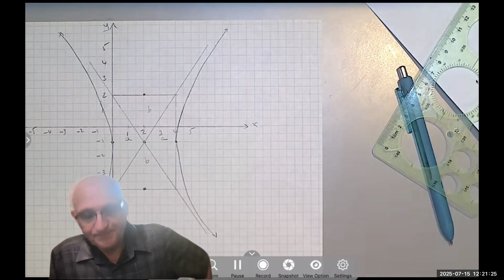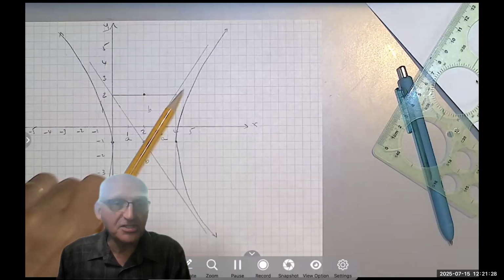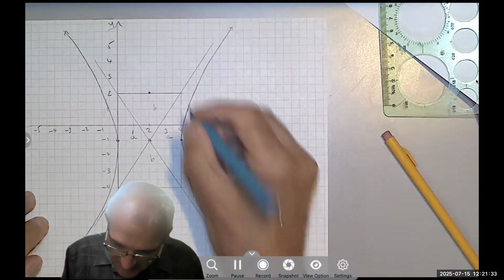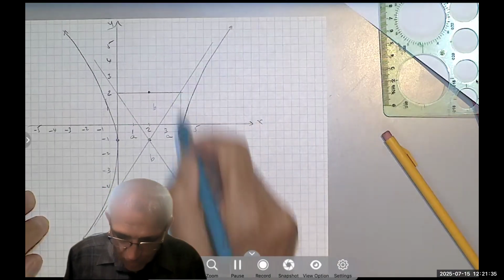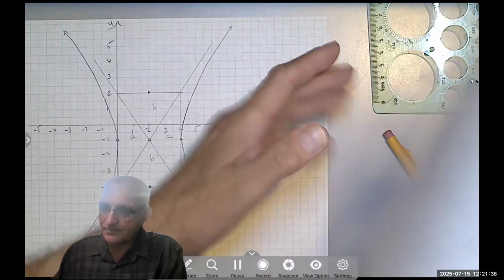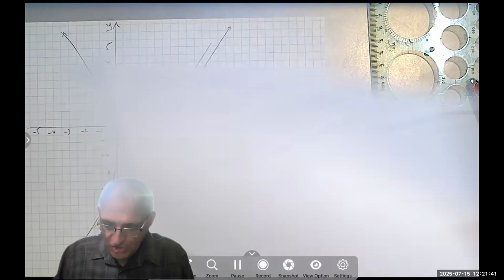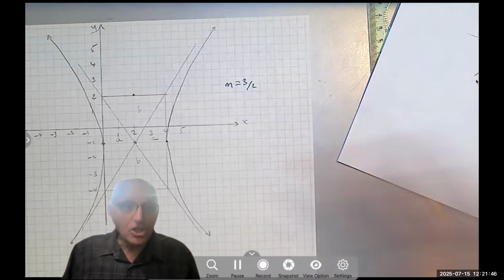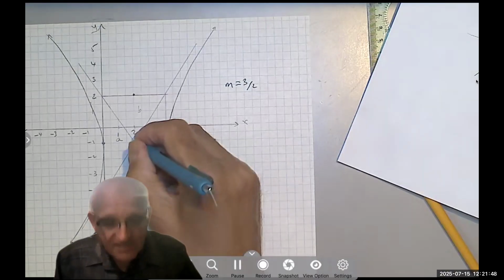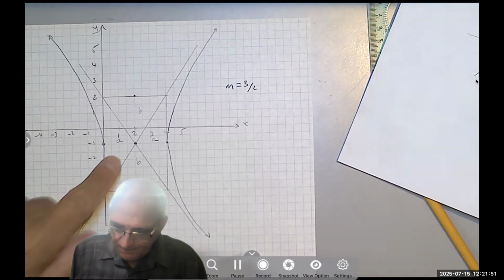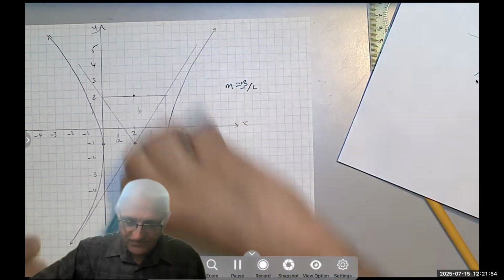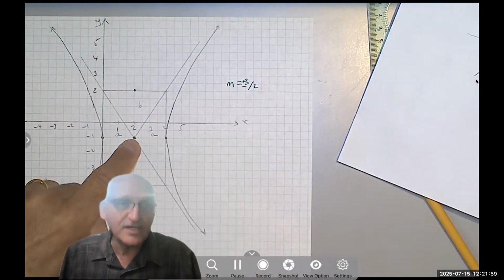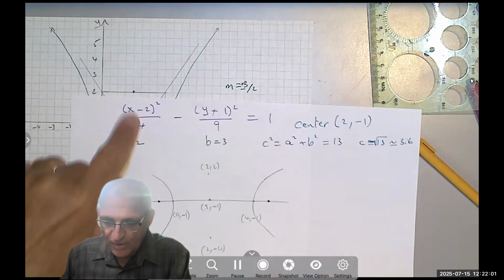So I use this box just to show me how, and sometimes they ask you to find the equation of these. First of all, we know the slope in this case is y over x, so it's b over a, or it's 3/2. So m is 3/2. Also, you know that the center is a point on both, basically plus or minus 3/2, because if this is 3/2, that's a negative 3/2. And then it passes through this point, for example, which is the center, which is 2 and -1.